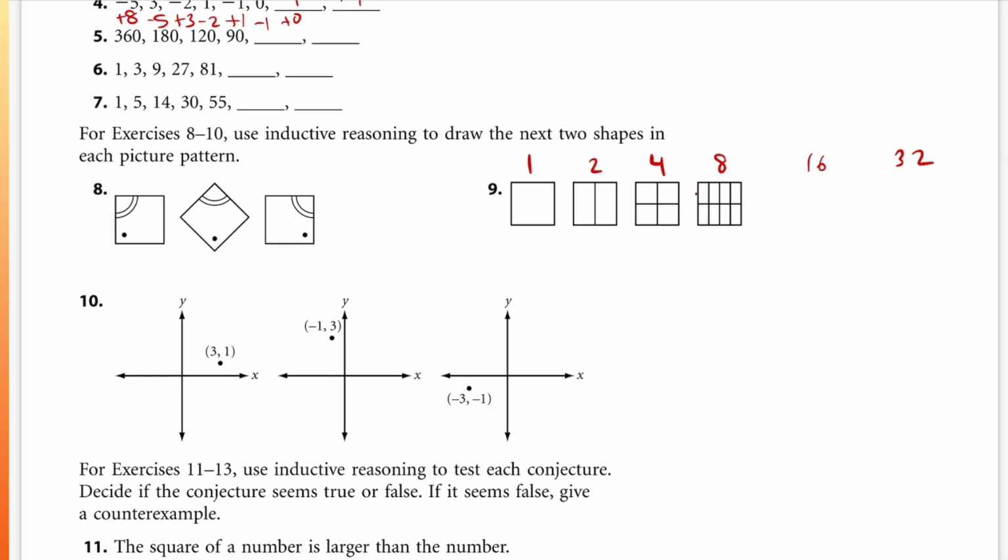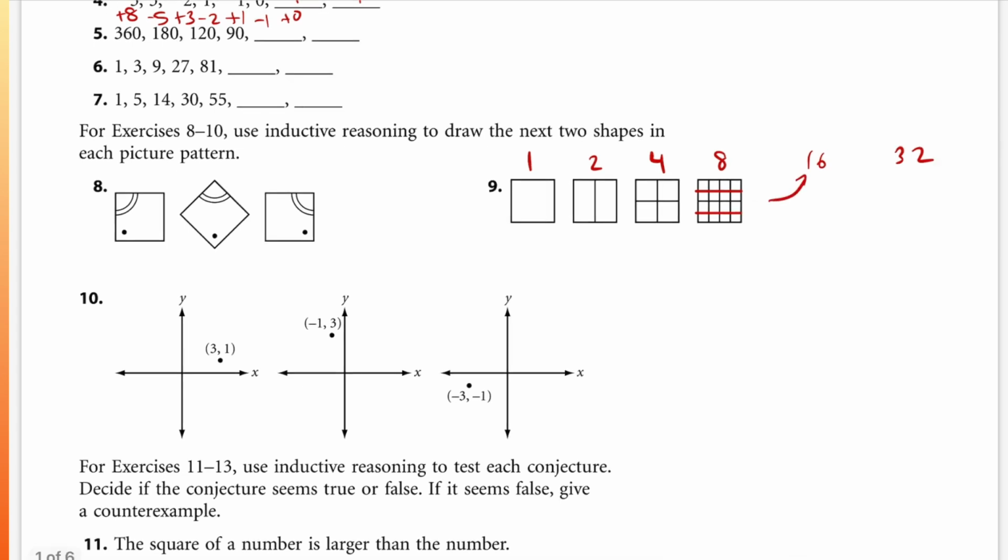Well, basically what you want to do is just cut this in half. You cut that in half and this in half. And now you have 16 squares. 1, 2, 3, 4, 5, 6, 7, 8, 9, 10, 11, 12, 13, 14, 15, 16. So this picture would go there. All right. And then if you do that again, you're going to double it again by drawing there.